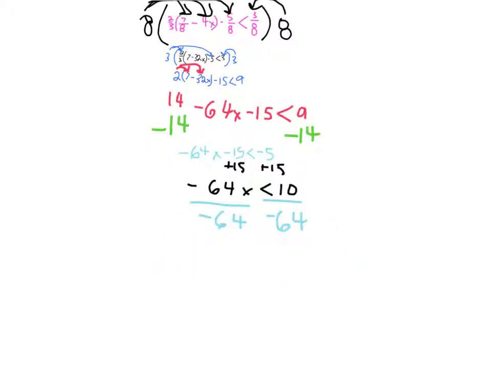Because we're dealing with negatives, we have to switch the inequality once again, leaving us with x is greater than 10 over negative 64. But that can be reduced, leaving us with our final answer, x is greater than 5 over negative 32.